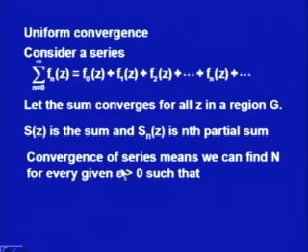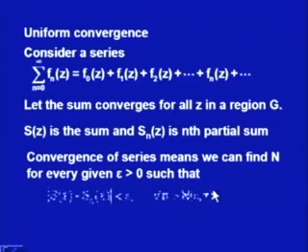Then convergence of this series means that we can find N for every given epsilon greater than 0 such that the modulus of S(z) minus S_n(z) is less than epsilon for all n greater than capital N, which will depend upon the epsilon we choose and the point z at which the convergence of the series is considered. This is the meaning of convergence.